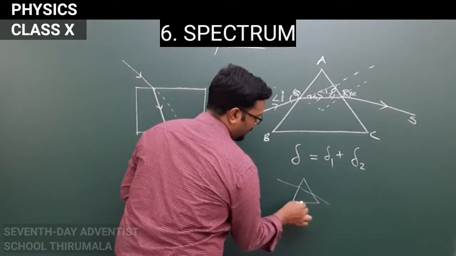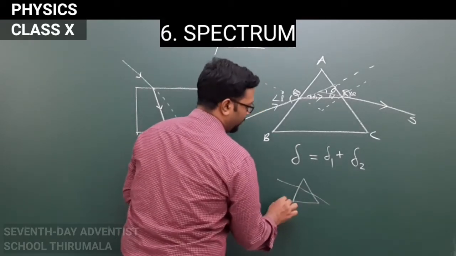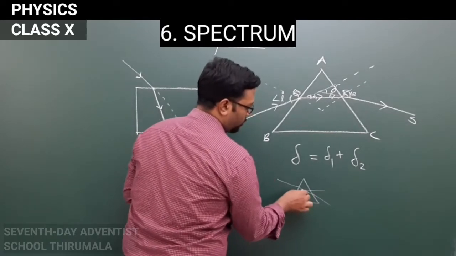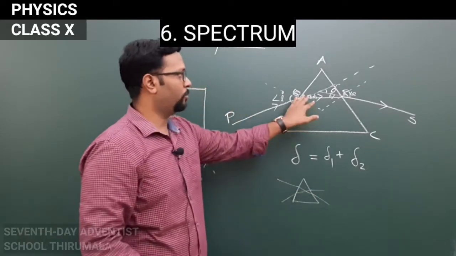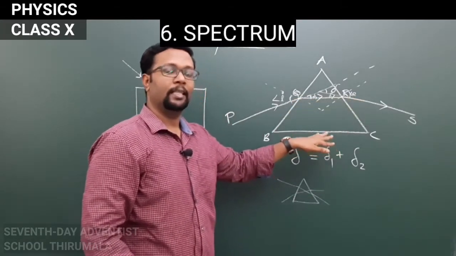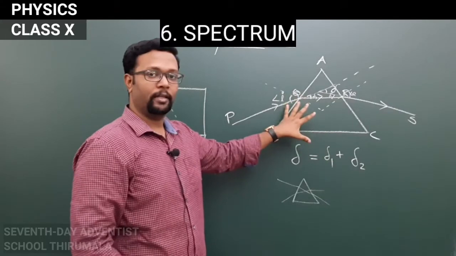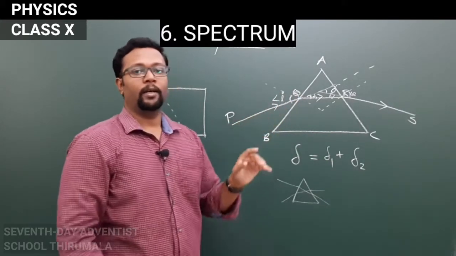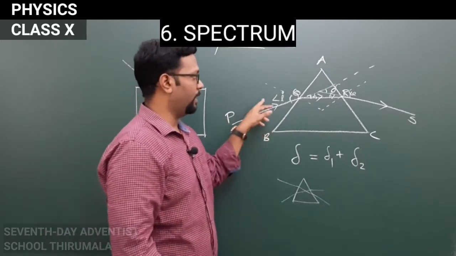This is not parallel to the base, and this is also not parallel to the base. If you draw the light ray inside the prism parallel to the base, then we are drawing the picture of the angle of minimum deviation. So the angle of deviation depends on the angle of incidence.